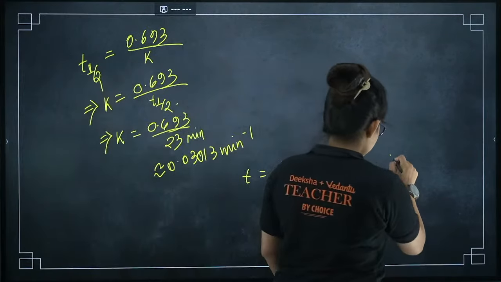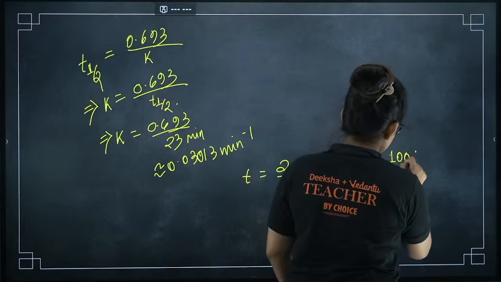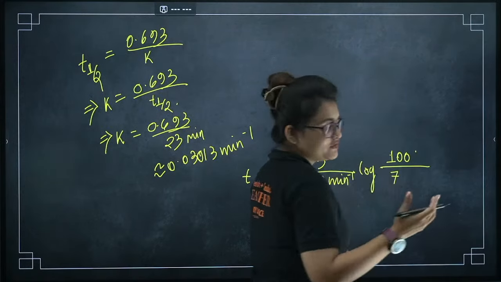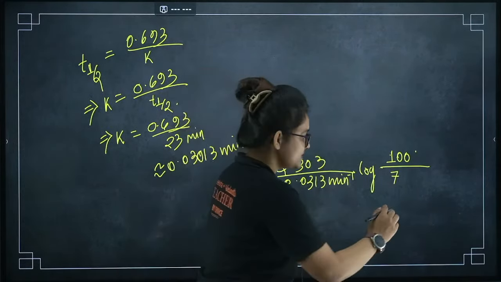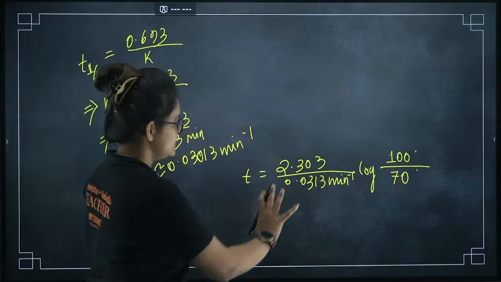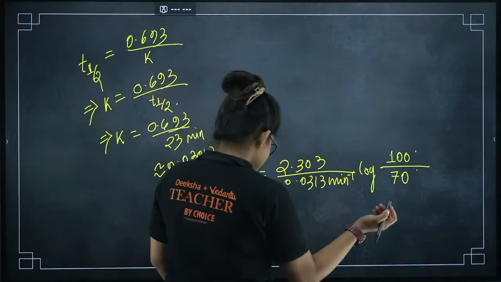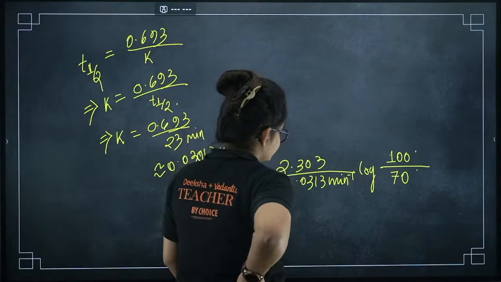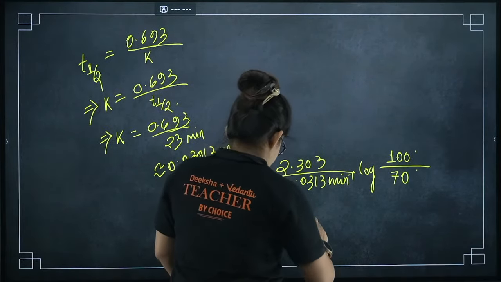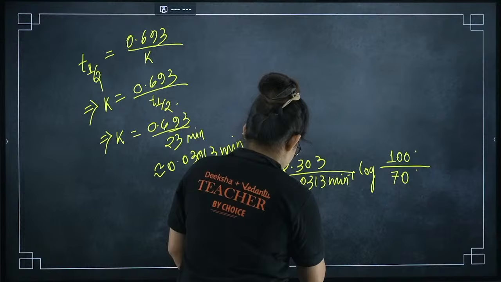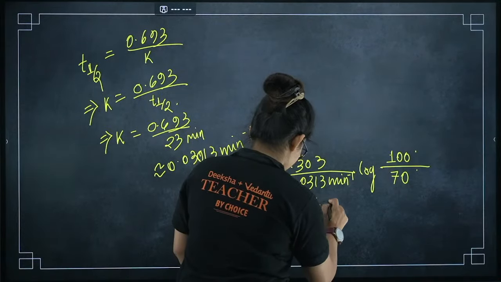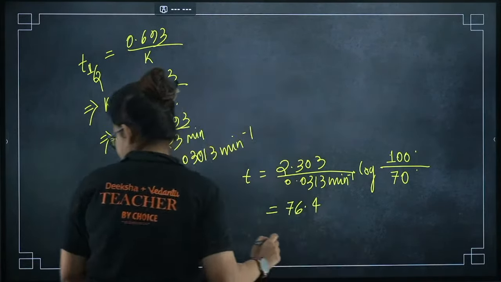So 30% completion means I can take A0 as 100, and if 30% is completed, it means 70% is still there. Right, I can just keep it like that. So now it's a simple calculation actually. I need a calculator here. Yes, 76.4. Wait.